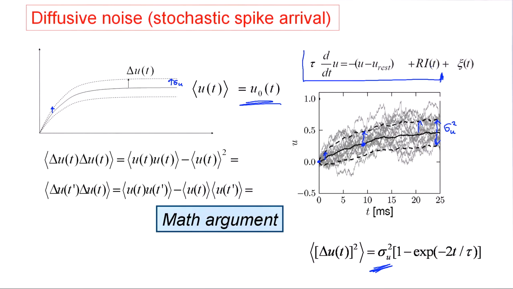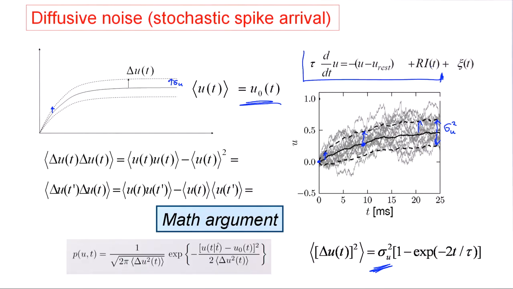Let's show this in 3 examples. In each case, we will consider the distribution of membrane potentials, and this distribution of membrane potentials is a Gaussian with a mean value u0 and a certain variance.